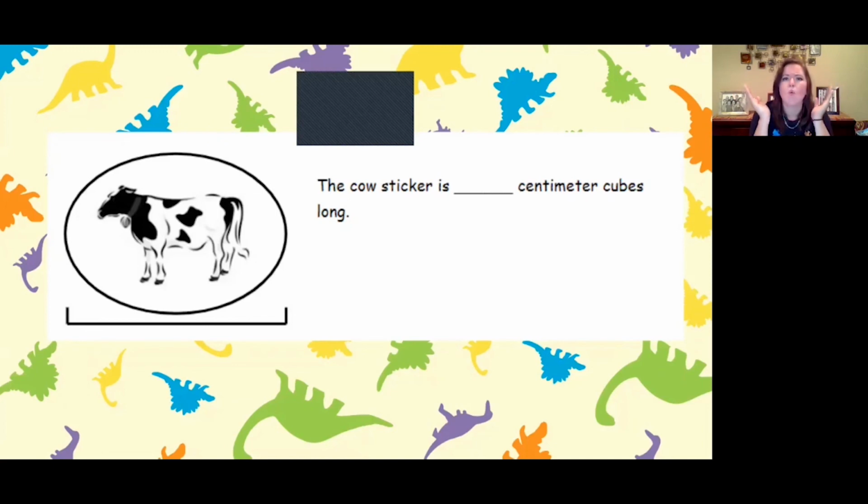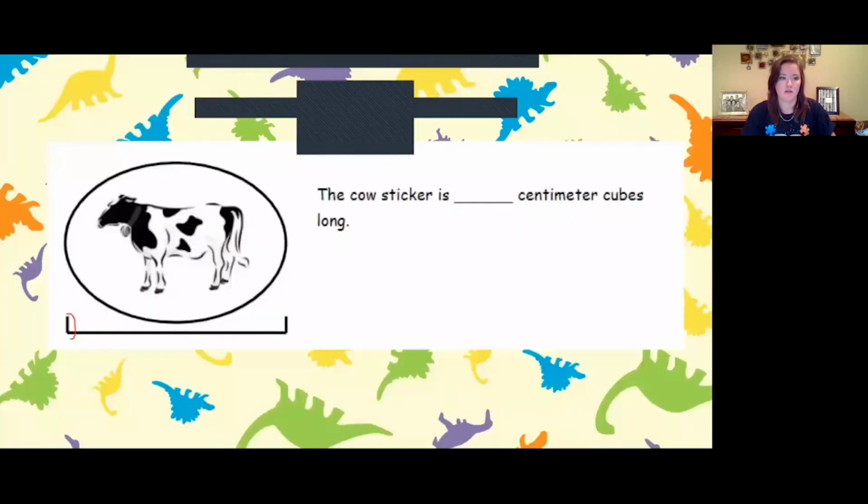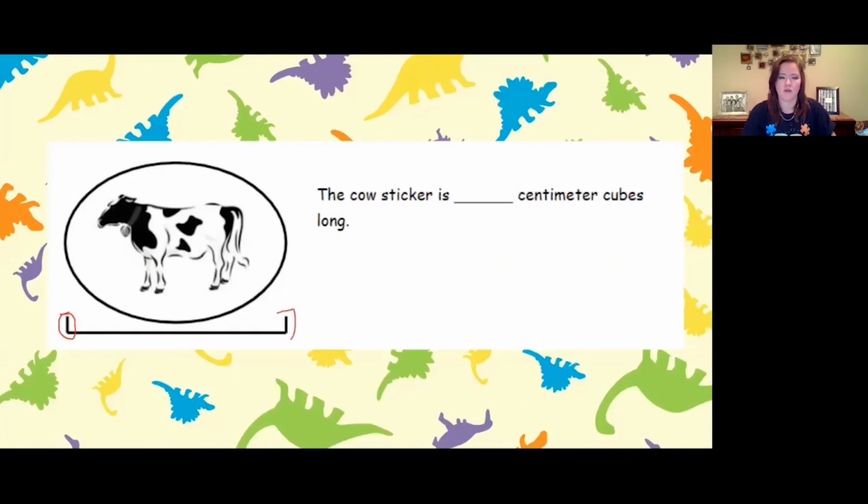Of course, where are my endpoints? If we're measuring this sticker, luckily, even though this is a circle sticker, they give us some endpoints. We have an endpoint right here, an endpoint right here. Perfect.